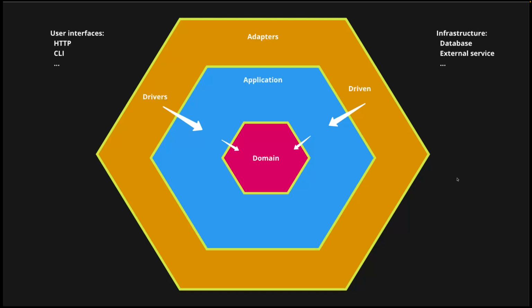Typically, these represent user interfaces like HTTP, API, CLI, things like that. And the driven adapters represent some kind of infrastructure or things that our application uses to work. So databases, external services, you can also think about a logging system, monitoring system, whatever the application uses.